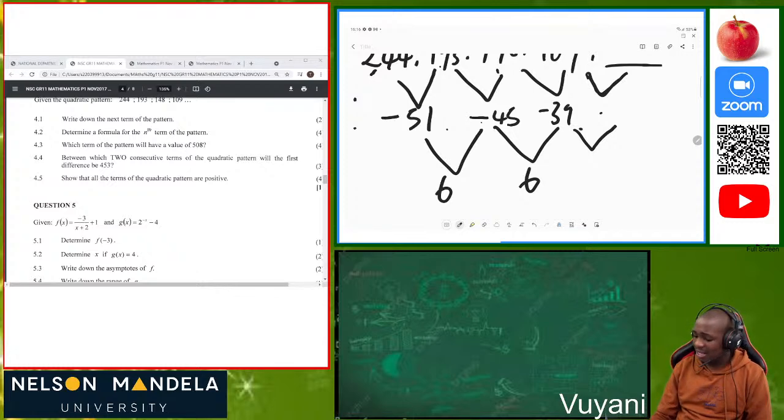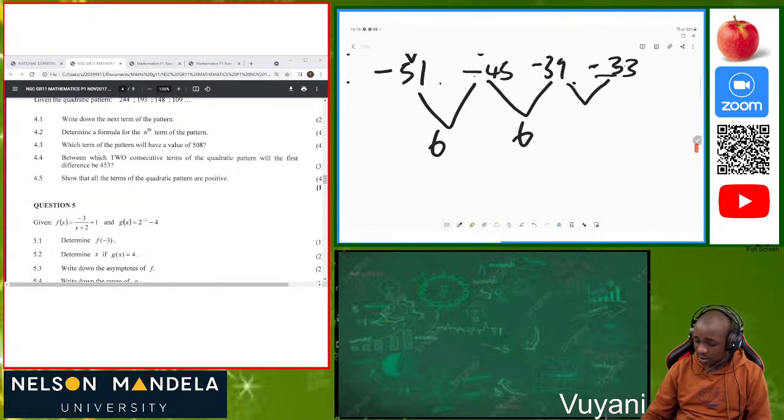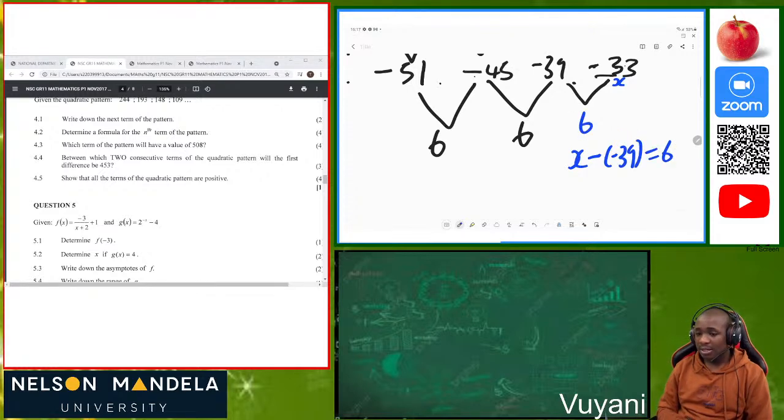So as well here, we must have a constant difference. So when we say this number minus negative 39, we must get 6, and that number will be negative 33. Let me just do this so that you can see. Let's say this is our x. So when we say x minus negative 39, we must get 6, because 6 is our constant second difference.